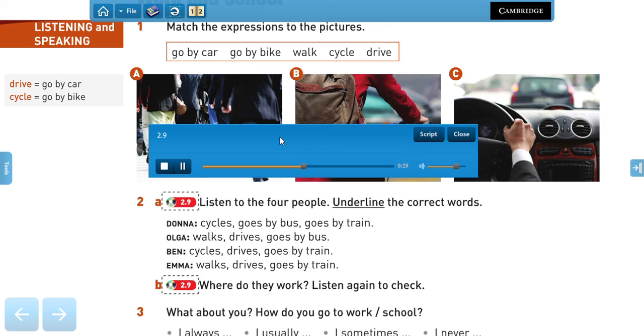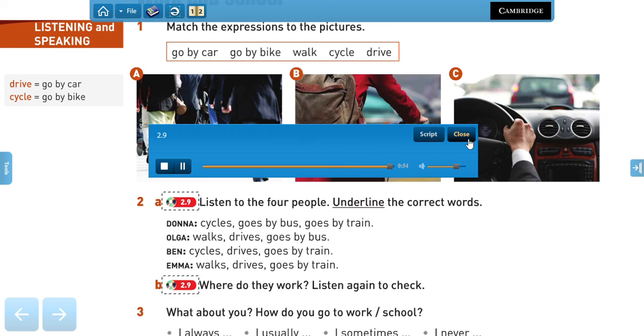Ben. Well, I work in the next town, so I always go by car. I never go by bus, it's too slow. Emma. I work in the city, but I live in a small village, so I go by train. I walk to the station and then I get the train into the city. It's about an hour.